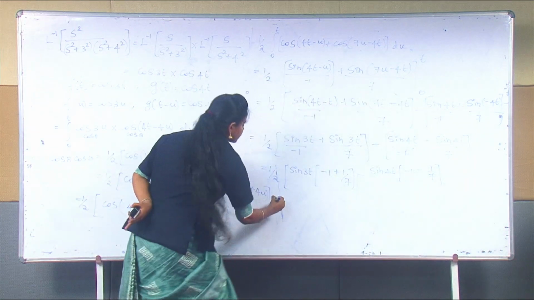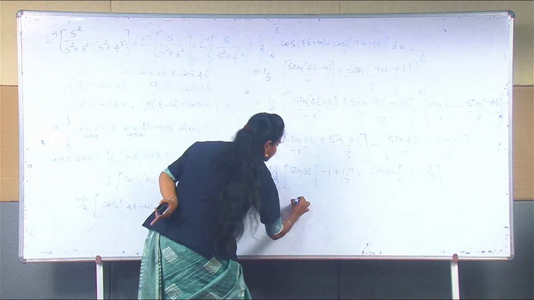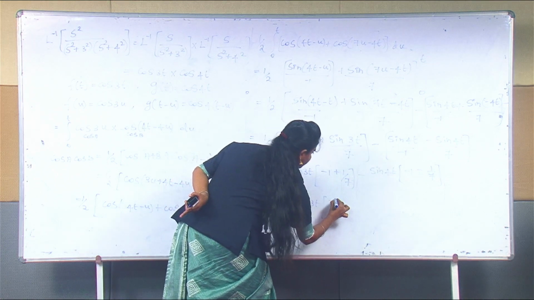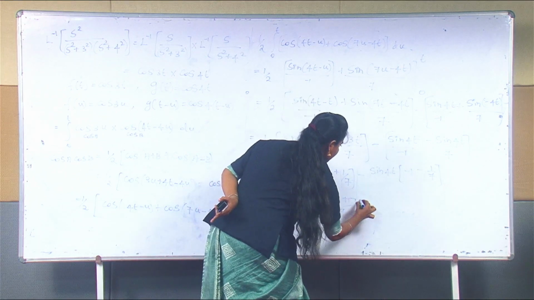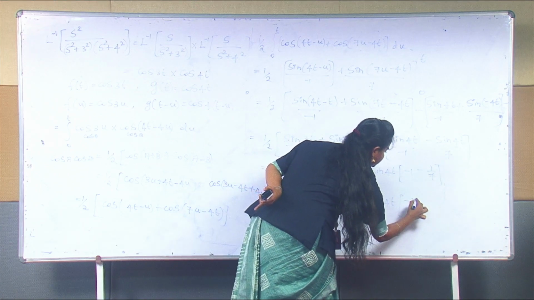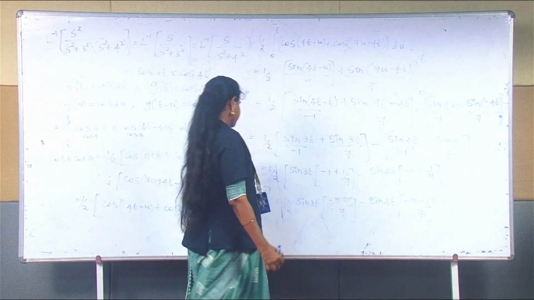Okay, just take the LCM. 1 by 2 sine 3t, here minus 7 plus 1 divided by 7, minus sine 4t, the LCM is minus 7 minus 1 divided by 7.